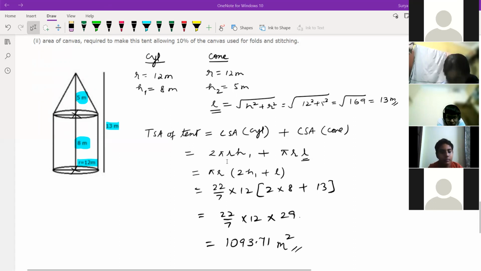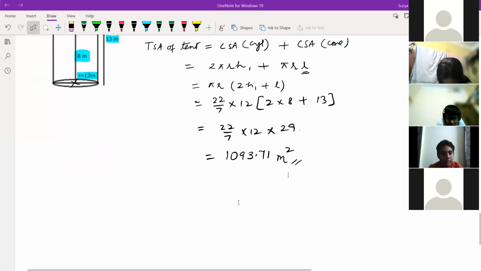So 1093.71, and 10% extra is there. So what to do for a 10% extra? We can add 10% into this, right? Yes, sir.